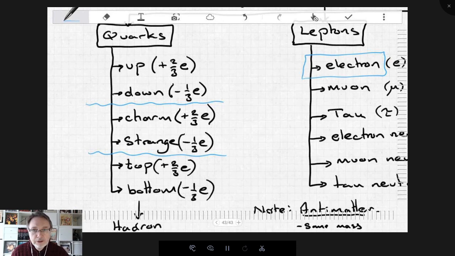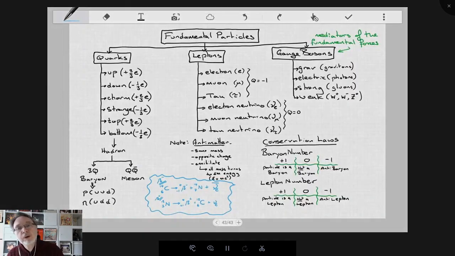So the reason that up and down quarks are by far the most common quarks that exist around us is because those quarks have the lowest mass of the paired quarks and therefore have the lowest mass potential energy. And there you go. Particle physics.